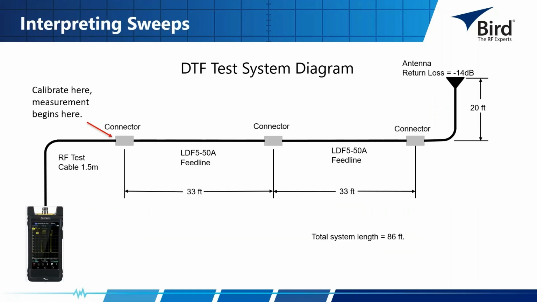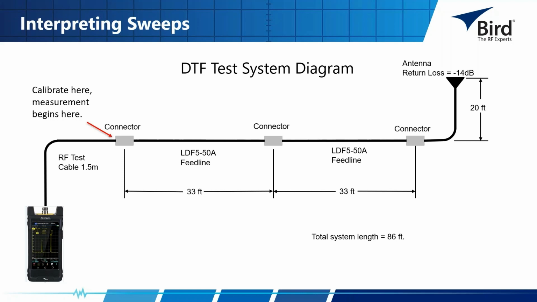So when you're going to interpret your sweeps, we want to have a test system diagram if possible. And here's my sample. I have my SiteHawk, I have my test cable. It's 1.5 meters, but because I calibrate where the red arrow is, that's actually going to be the starting point of my system.